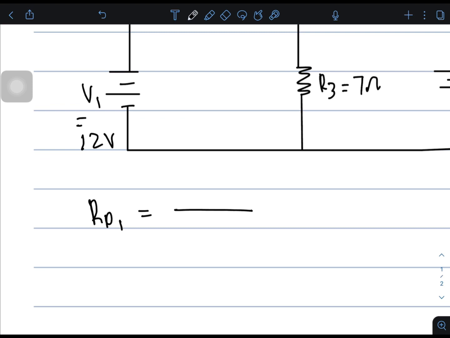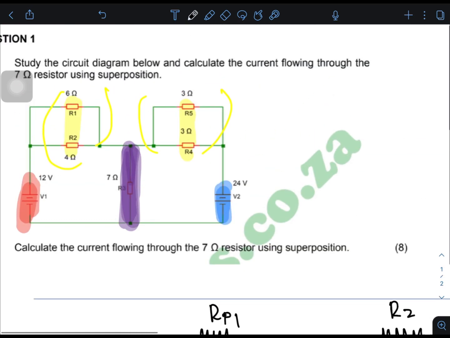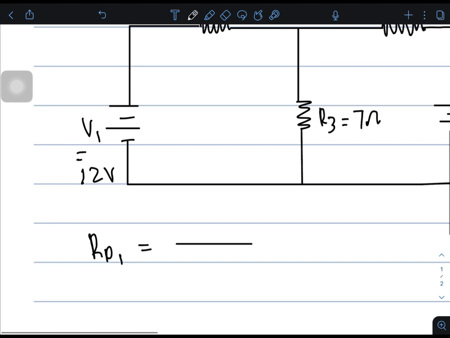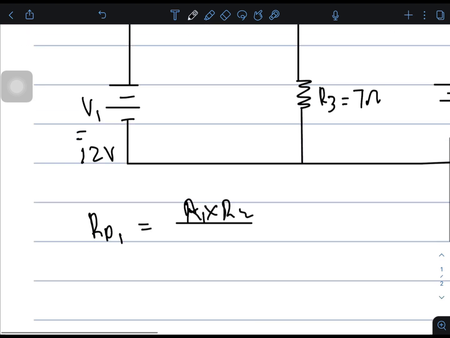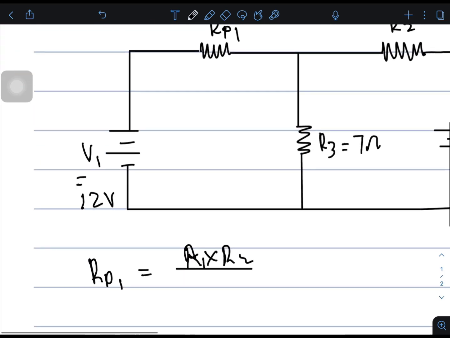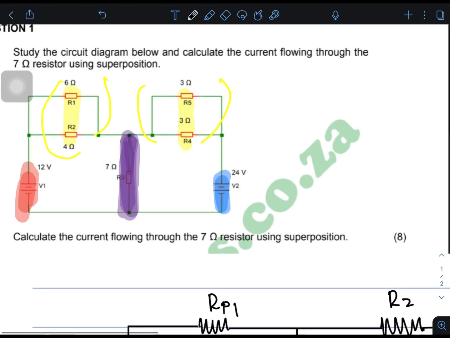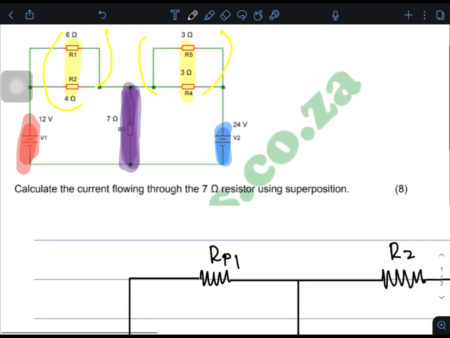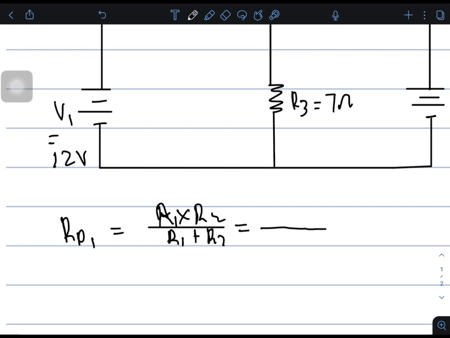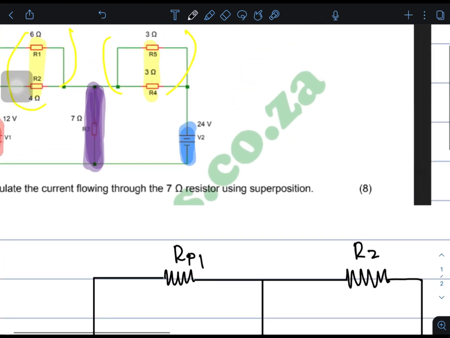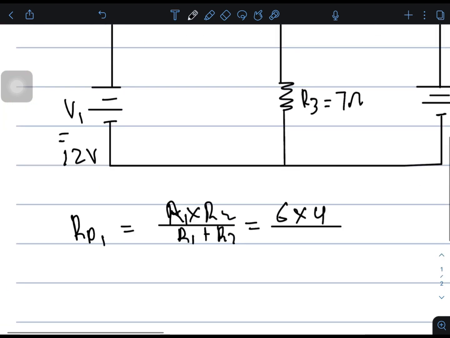We get that R parallel 1 is equal to product over sum. These are two in parallel, so it's R1 times R2 over R1 plus R2. So that is 6 times 4 over 6 plus 4.